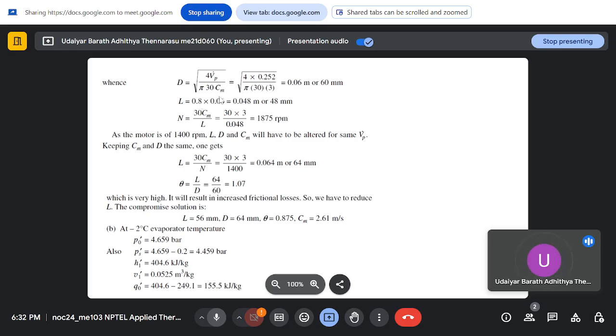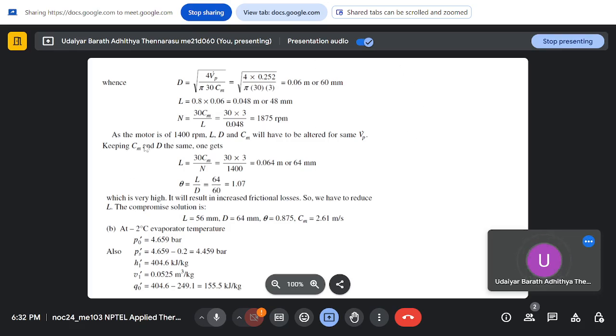So the speed is 30 times your piston speed divided by the length traversed. That is 30 into 3 divided by 0.048, which is 1875 rpm. As the motor is of 1400 rpm, L, D and Cm will have to be altered for the same piston volume flow rate.